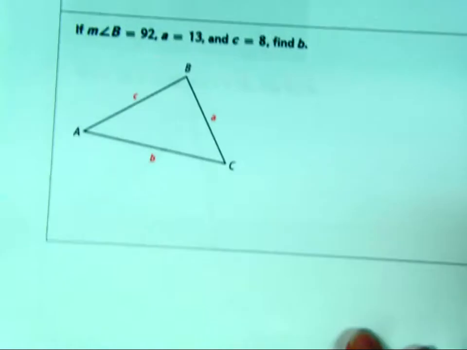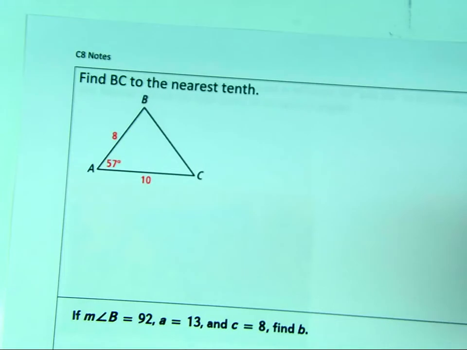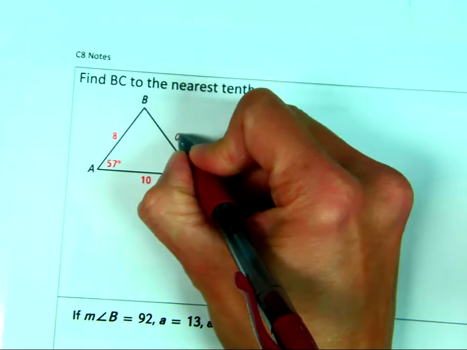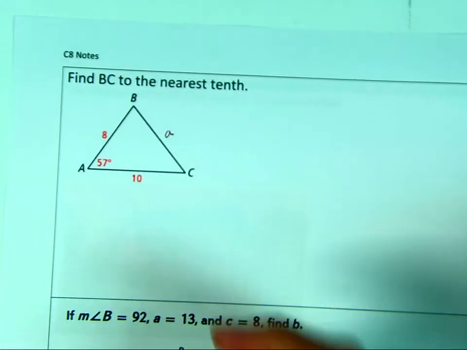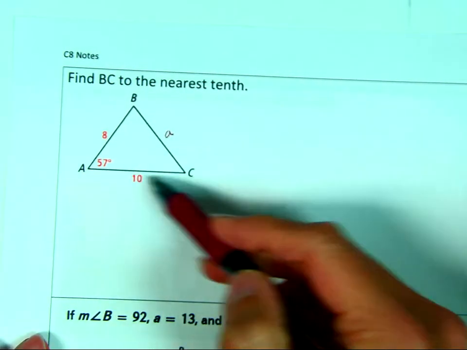Okay, let's just do some problems. Here we're supposed to find BC, so let's call that little a. In order to use the law of cosines, we need to have that side-angle-side thing going on.